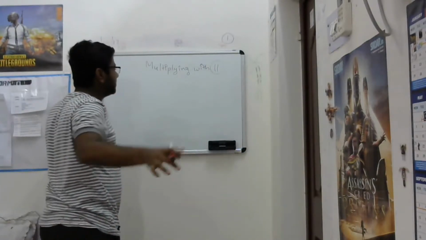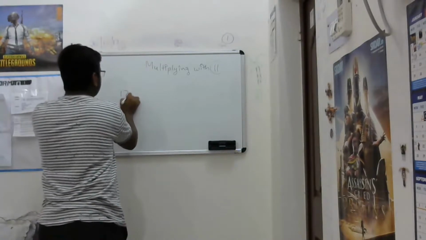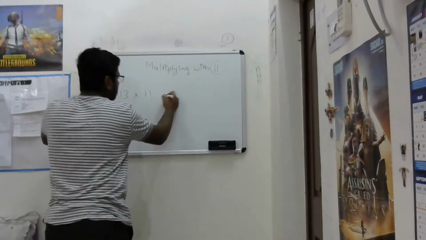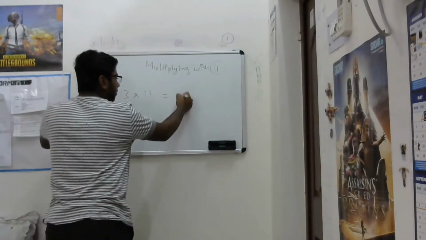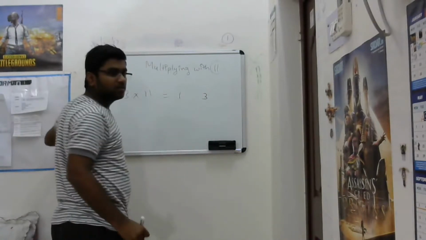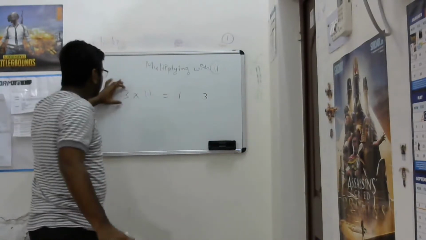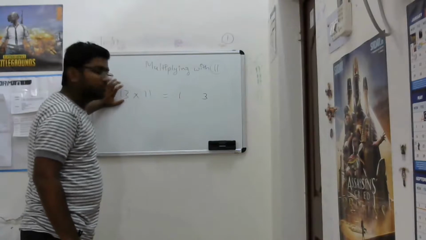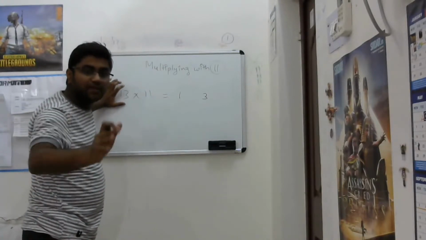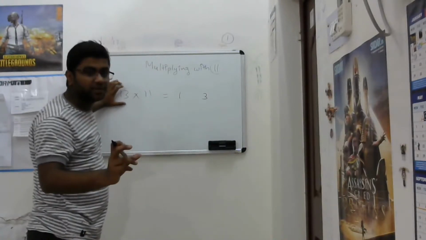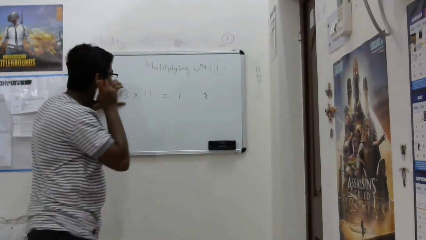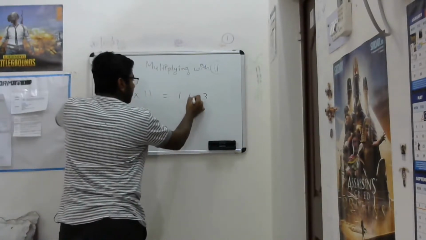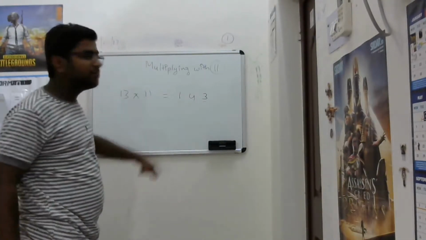How to multiply easily with 11? Let's say we have to multiply 13 into 11. What you have to do is write 1 here and 3 here. Leave some space between the digits. The number you are multiplying with 11, write it with a space in between. Now add these two digits and write the sum in between. So 13 into 11 becomes 143.